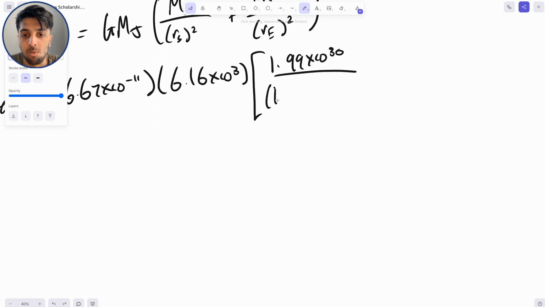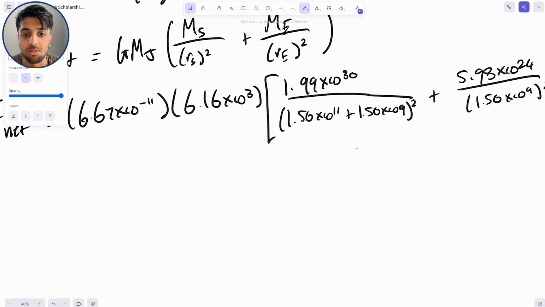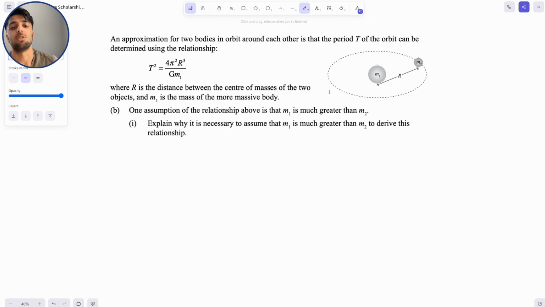So we have 1.5 times 10 to the 11 plus 1.5 times 10 to the 9, all squared, plus the mass of the Earth, 5.89 times 10 to the 24, over 1.50 times 10 to the 9 squared. And this is equal to 36.72 newtons.